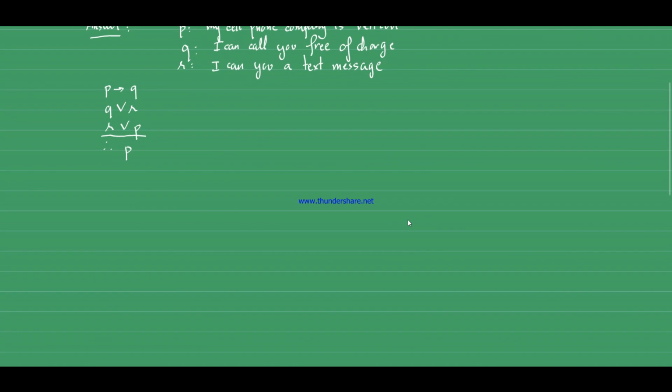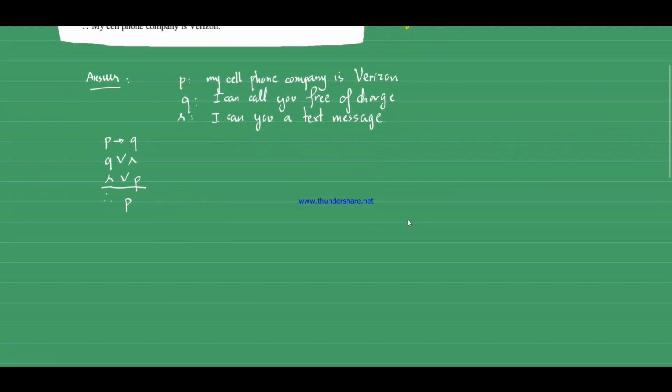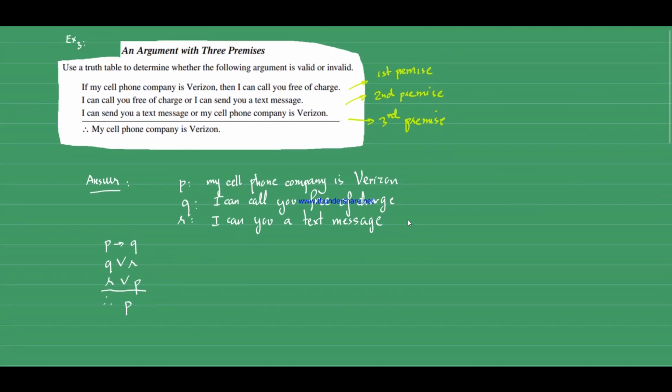Then we go ahead and create the conditional statement for this argument. So the conditional statement over here, let's use C. We're gonna have P implies Q, with conjunction between the premises.